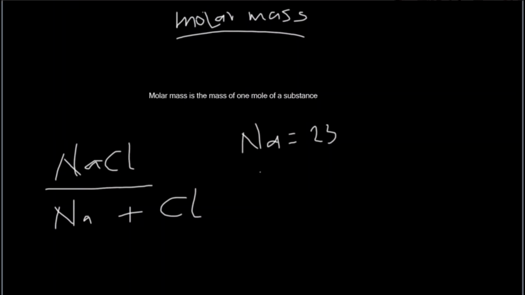Also, for chlorine, Cl equals 35.5. These are their relative atomic masses. If you add their relative atomic masses, you get the relative molecular mass of this molecule. So that's molar mass. I'm going to take an example so you guys will understand molar mass very well.